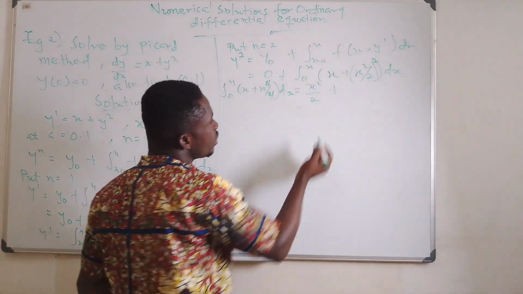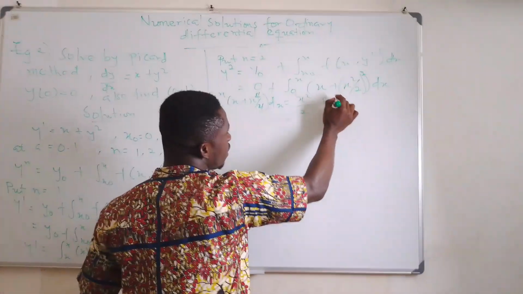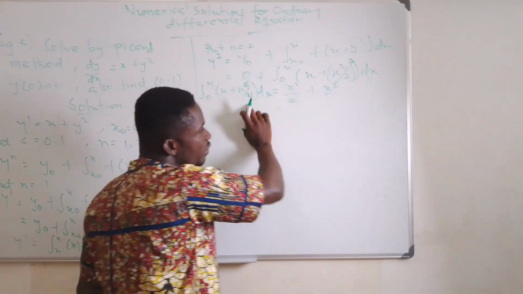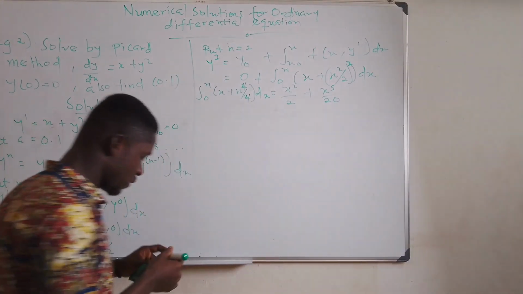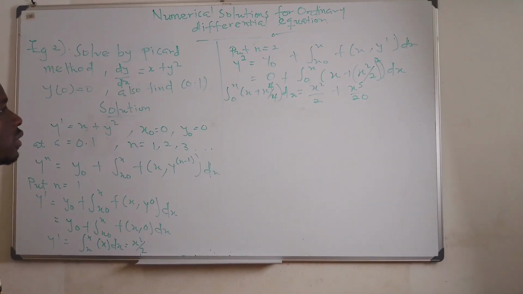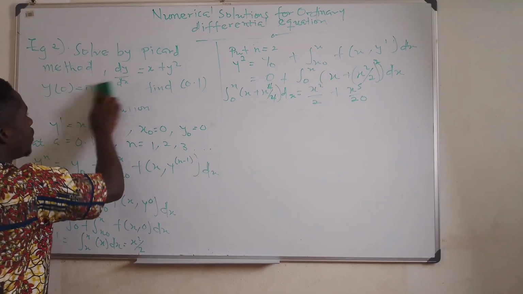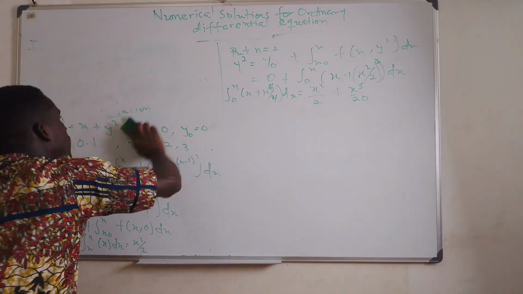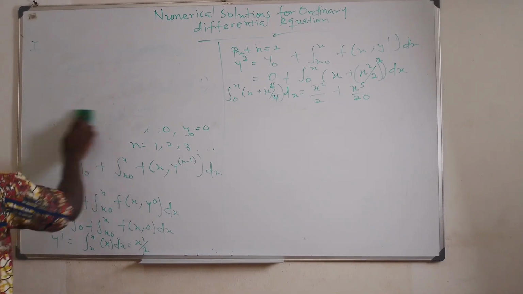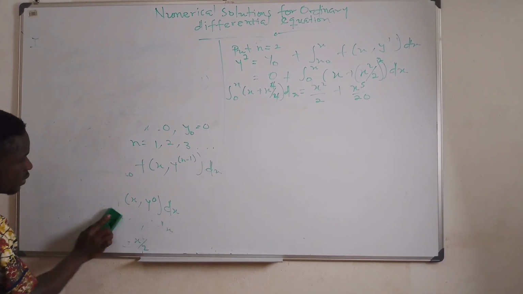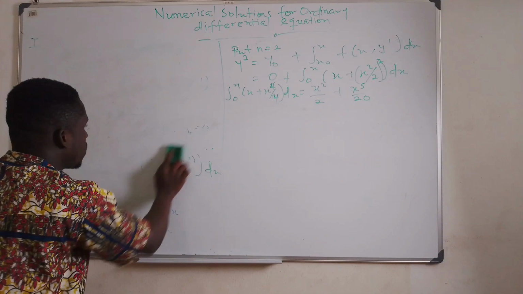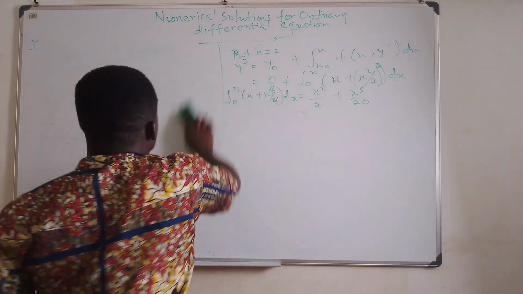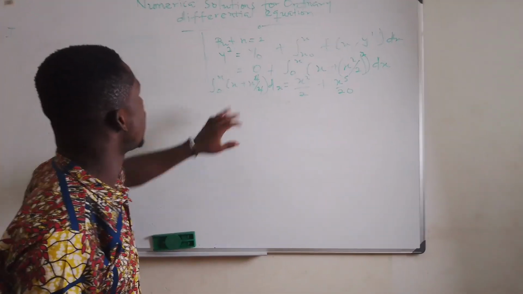When you integrate x power 4, we get x power 5 on 5 times 4, which is 20. Very good. So this is our y2.